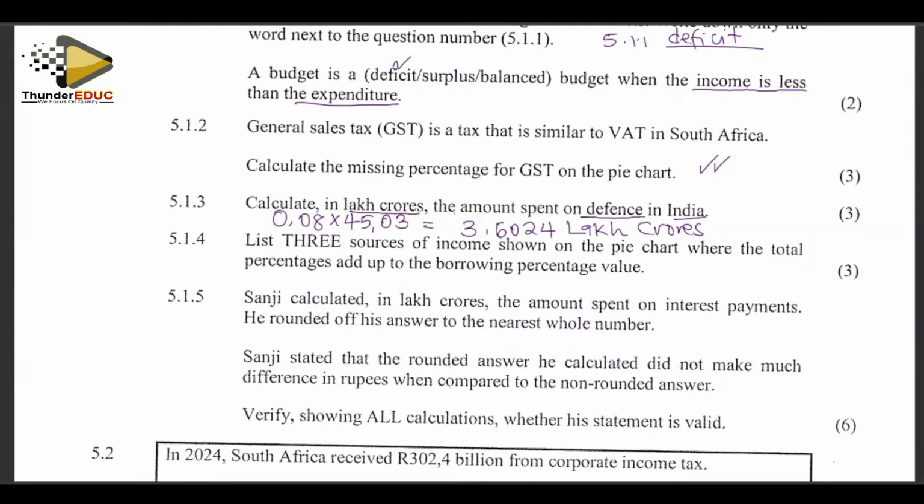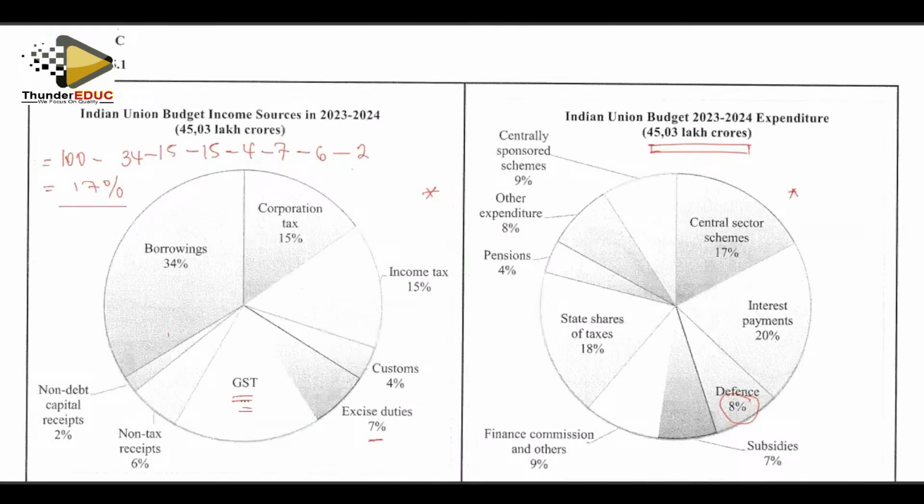Okay, list the sources of income shown on the pie chart where the total percentage adds up to the borrowing percentage value. Three of them, when you add them, you get this borrowing value. So we have 15 plus 15 plus 4, because when you add this, you get 34.